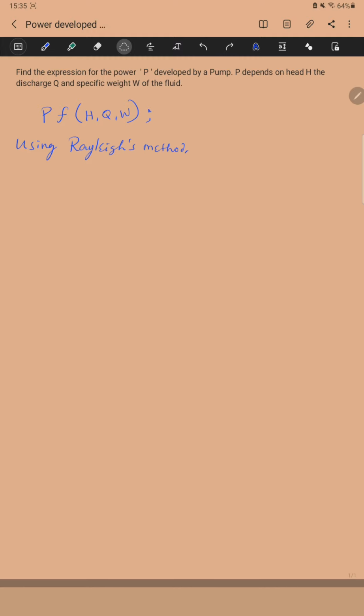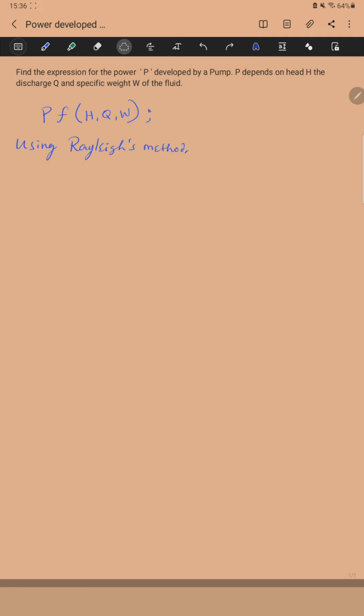Now I'm going to be using a simpler method called Rayleigh's method to solve this particular problem. Again, Rayleigh's method is not usually advocated, especially when the number of variables is more than three or four. It becomes very complex, and that is the reason why we use Buckingham's pi theorem.